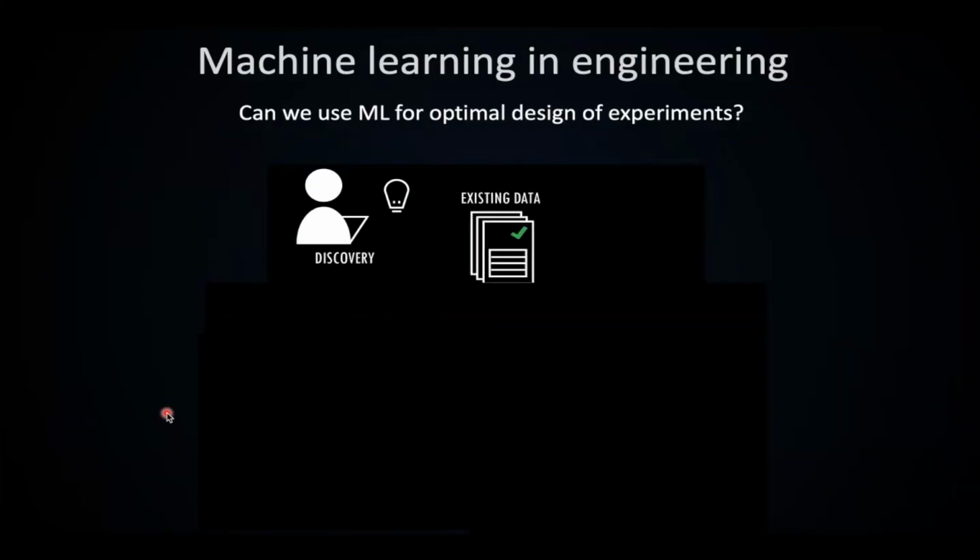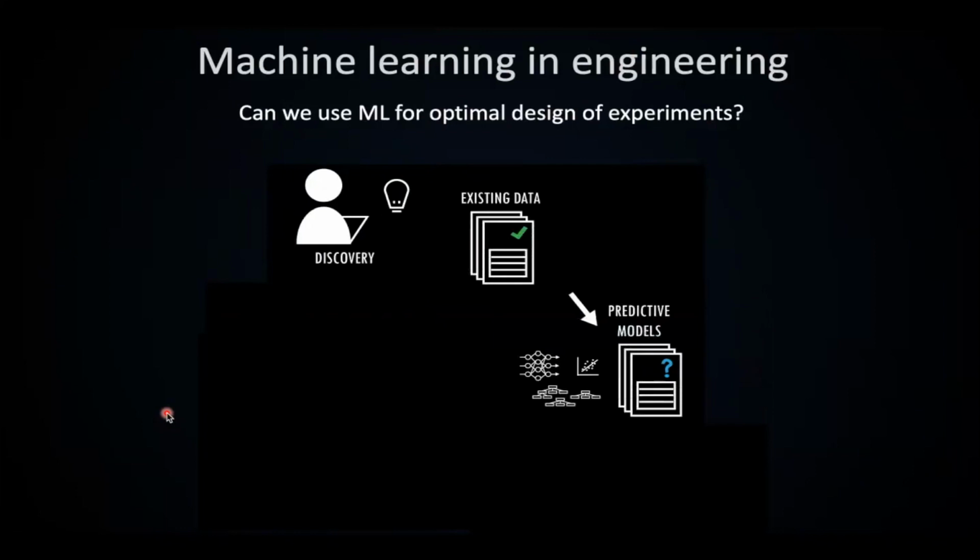You start by collecting all the existing data on your problem. This could be prior publications, books, tables. You collect all the data. With that data, you create a predictive model like the ones we were talking about before.